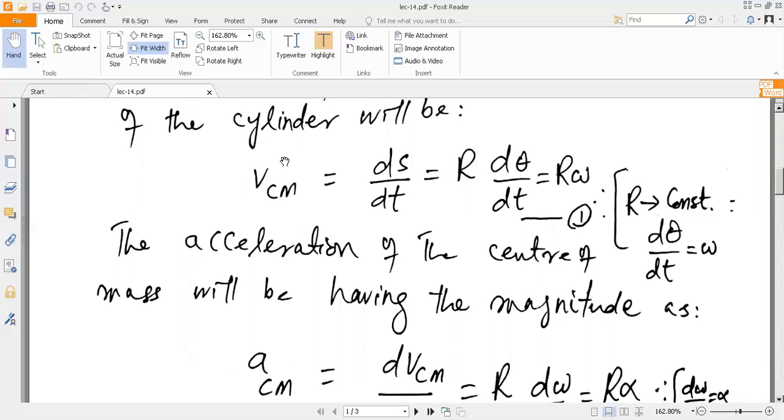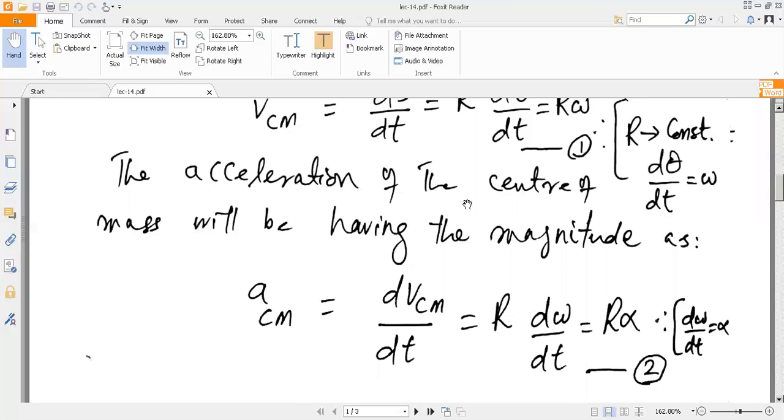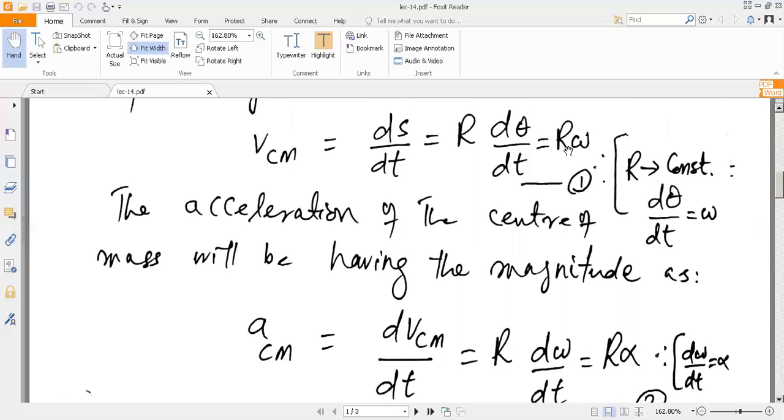As we have found VCM in this equation 1, we can also find out the magnitude of acceleration by taking the time derivative of this VCM. The acceleration of center of mass can have magnitude ACM equal to the time derivative of VCM, and as VCM is equal to R omega, again, R will be constant with respect to time, omega will be a function of time.